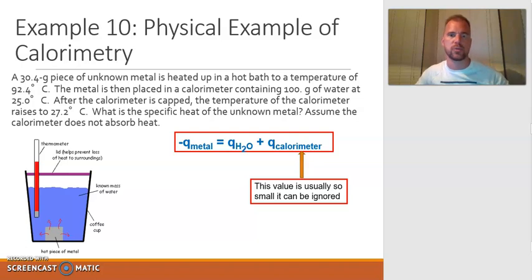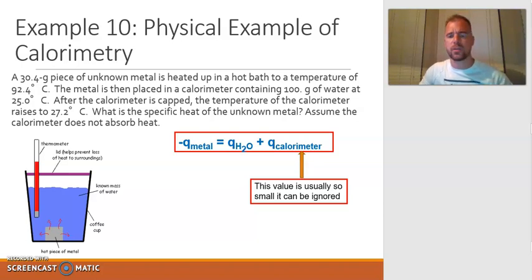Styrofoam, for example, if we're doing the coffee cup calorimeter. So another way to think about it, the heat that the metal is releasing, that's why it's negative, is equal to the heat that is being absorbed, that's why it's positive, by the water, and also the heat that's absorbed by the calorimeter itself. Okay.